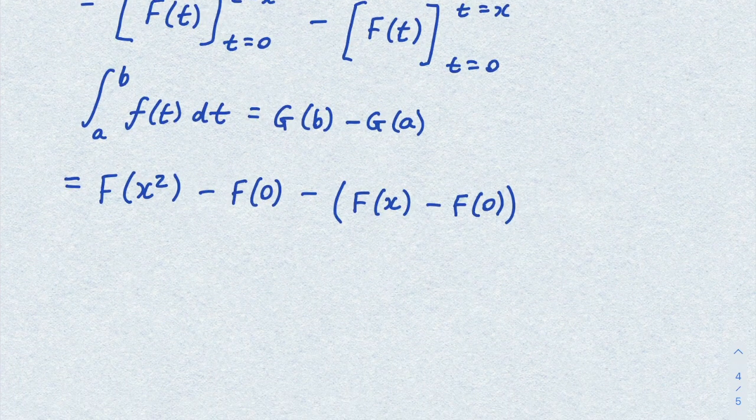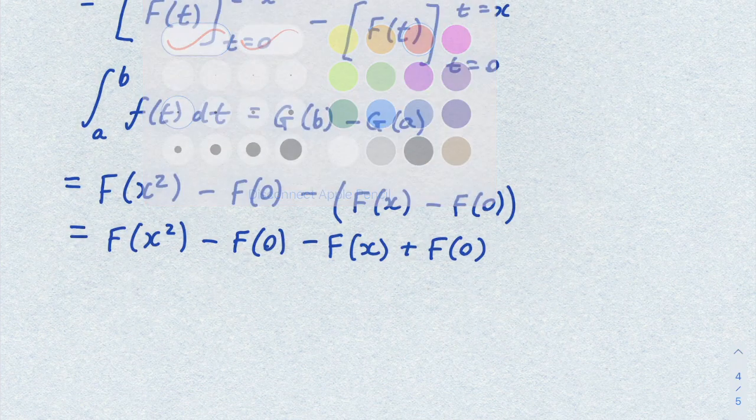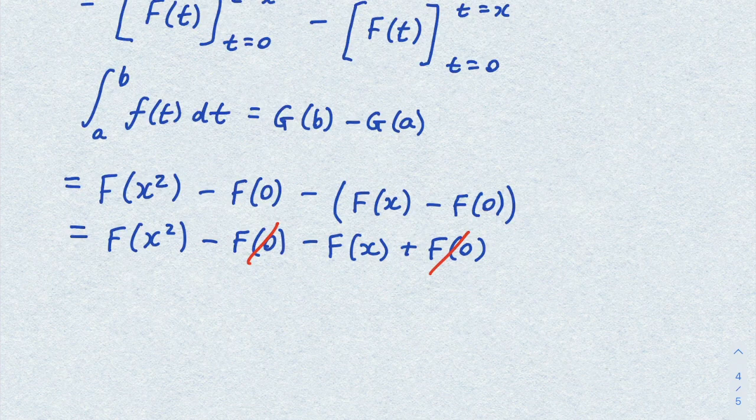Then if we write this out again and expand this bracket, we are left with this, and the two F of zeros cancel each other out. And now we're left with our antiderivative uppercase F of x is equal to uppercase F of x squared minus uppercase F of x.